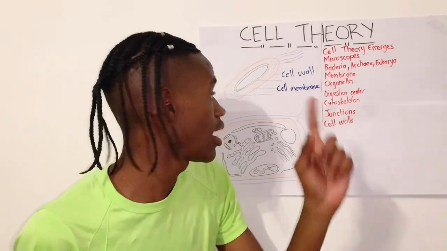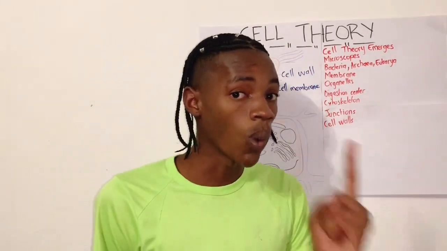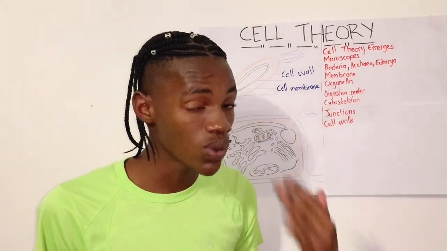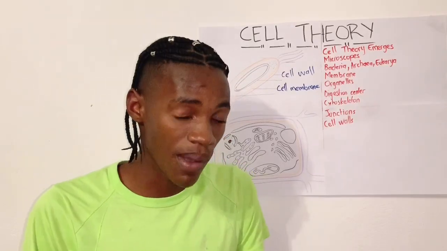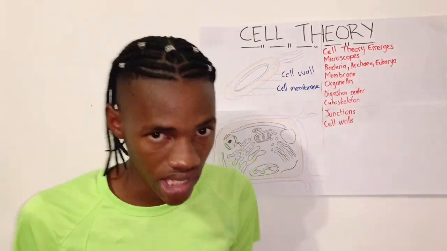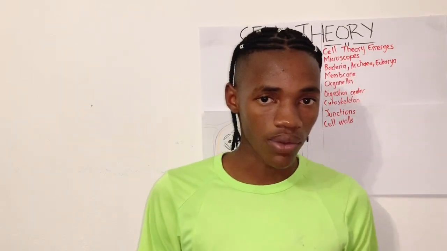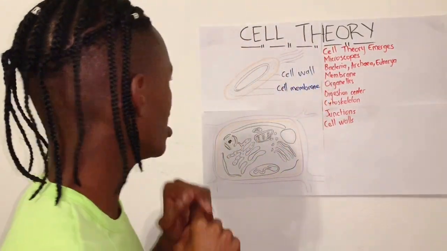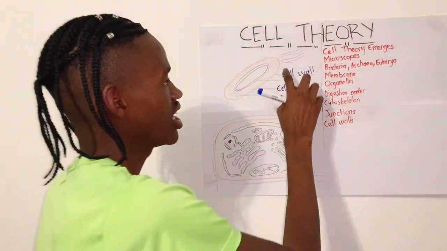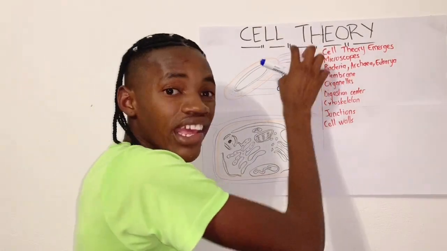But remember, bacterial cells have no organelles. For those that have organelles, the cell membrane protects everything in the cell and separates it from its surroundings.